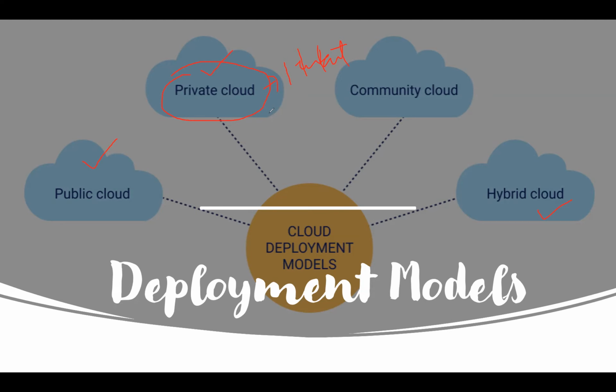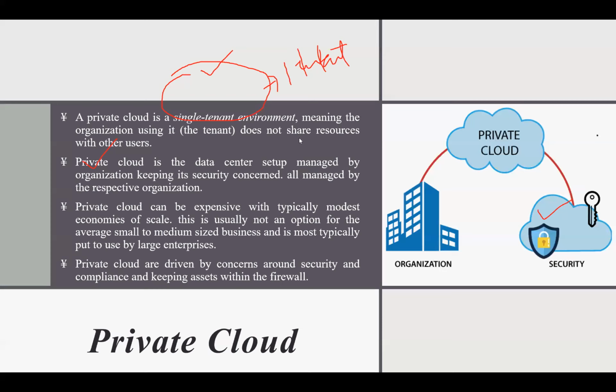No other people can access. When you go to the private cloud, you can also get physical VMs, not virtual VMs. Sometimes you have the opportunity to purchase physical VMs in private clouds.